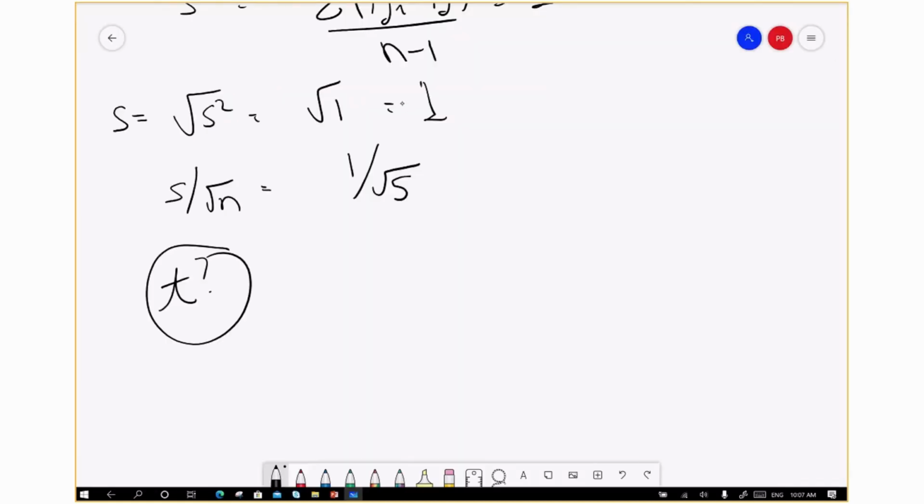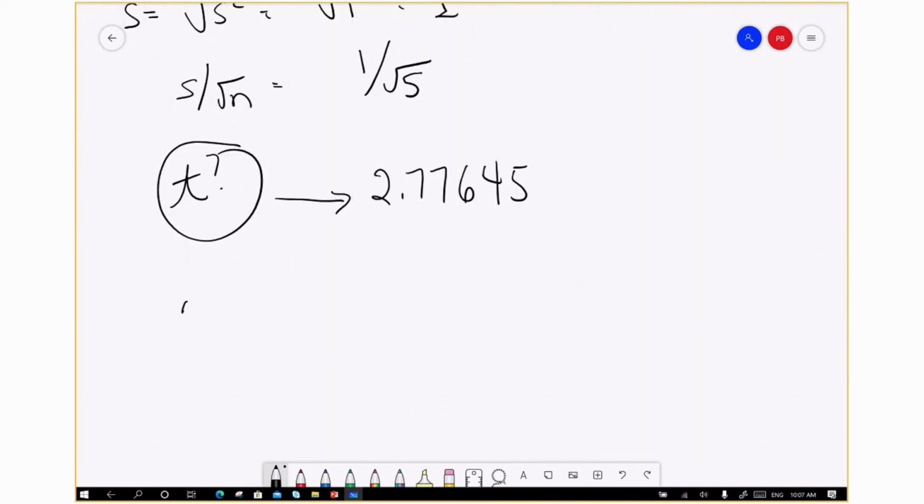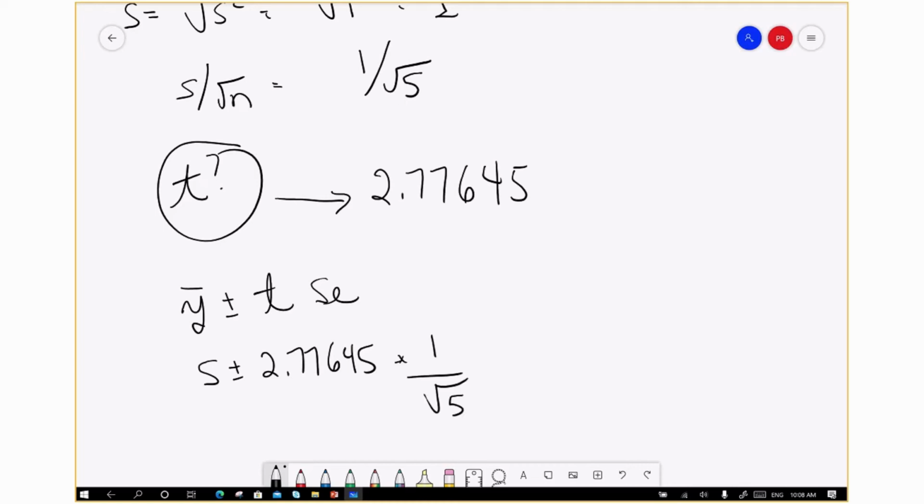Now that we're back at the whiteboard, we can indicate that the t value was 2.77645. And then it's just a bunch of algebra. Our 95% confidence interval is y bar plus or minus the appropriate t value times the standard error. So y bar was equal to 5, plus or minus our t value 2.77645, multiplied by the standard error, which is 1 divided by the square root of 5.